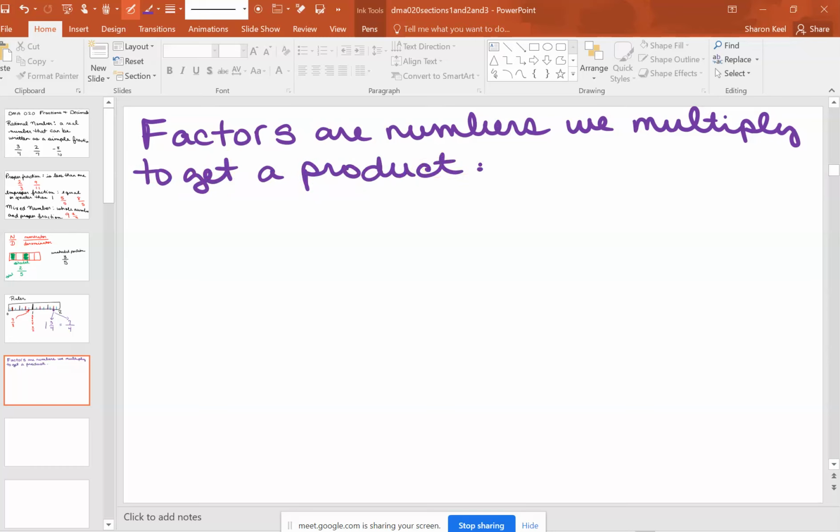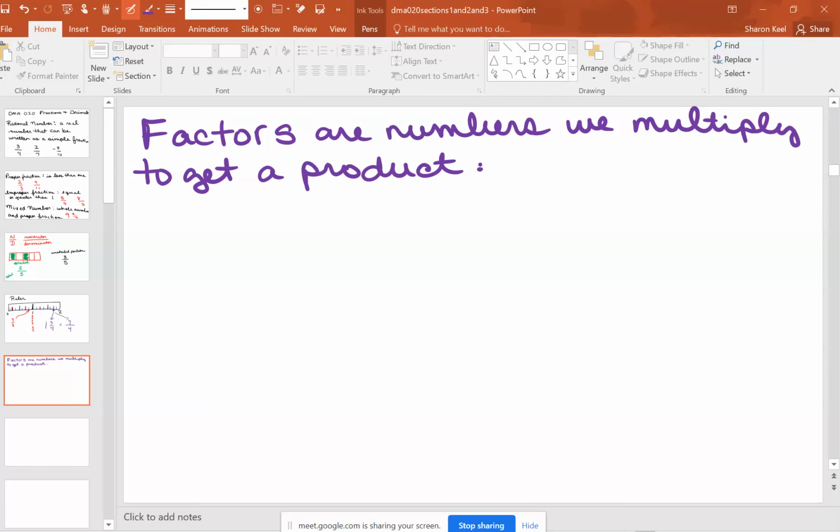Two times 5, those are factors of 10. So if I do 2 times 5, I get 10. Other factors of 10 would also be 1 times 10. So 1, 2, 5, and 10 would all be factors of the number 10. They divide evenly into something.